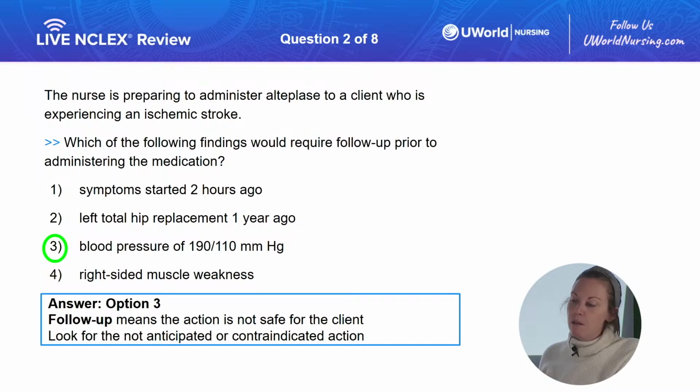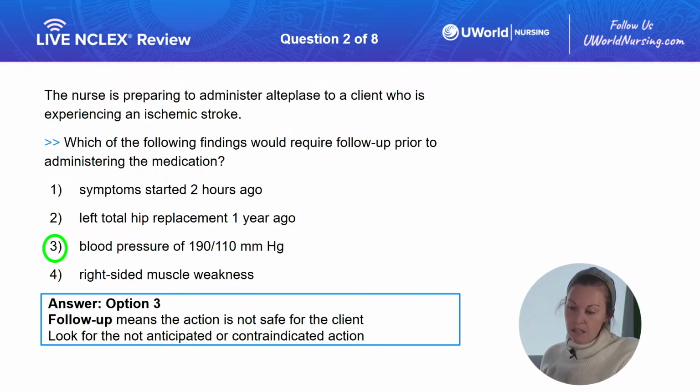Some of these are going to be hemorrhagic stroke. So obviously if we have an active bleed going on anywhere in the body, especially in our brain, we're not going to give TPA. Coagulation disorders, so problems with clotting or being too liquid.